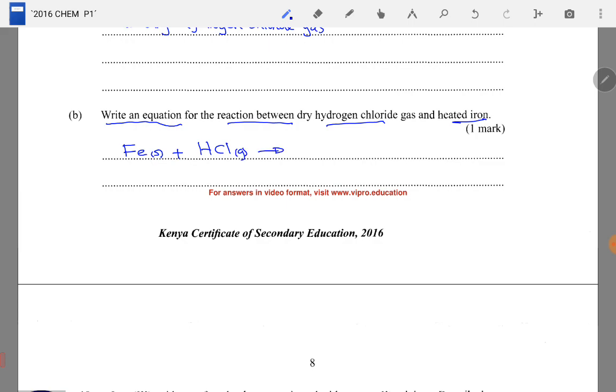The products are a salt, which is iron 2 chloride, plus hydrogen gas. Our equation is not balanced, so we put 2 before hydrogen chloride gas, and the equation balances out very well. So that answers the question on equation.